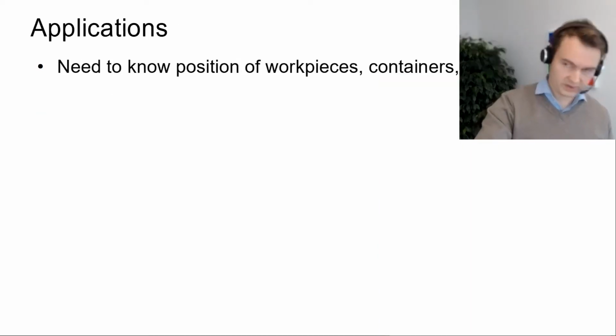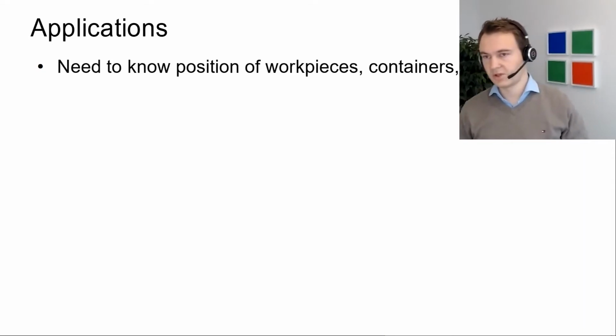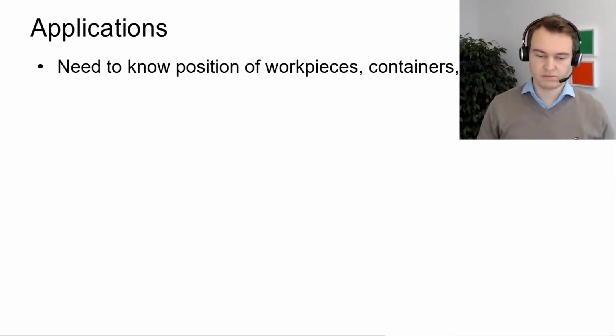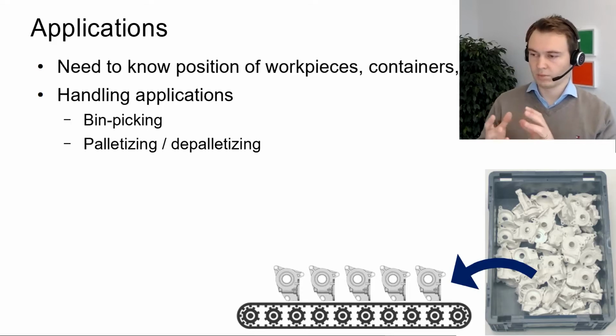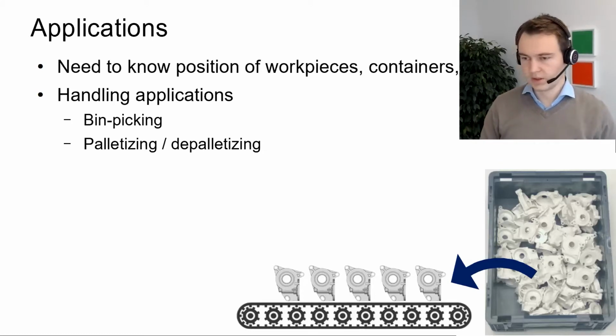Why do we want to do this? Lots of applications need to know positions of certain workpieces, or even the trays and the containers of the workpieces need to be located. The classical region here is, of course, bin picking and palletizing, depalletizing applications, where you want to pull out the unsorted workpieces from a container, and either feed them into a machine or put them onto a conveyor belt or similar.